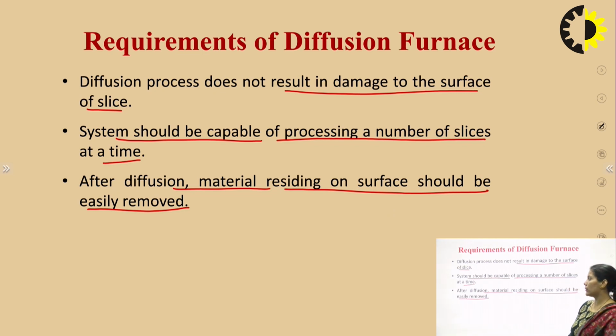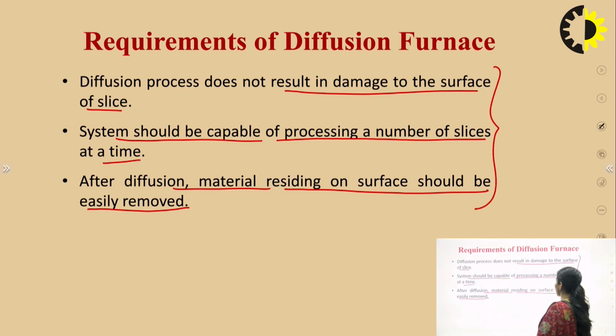So these three should be the conditions while the diffusion is taking place. First of all, there should not be any damage to the surface, and all the impurities should be removed after the diffusion process has taken place. And third, a number of slices should be handled simultaneously in order to increase the productivity of the fabrication process.